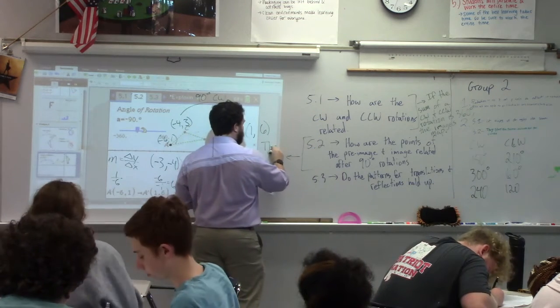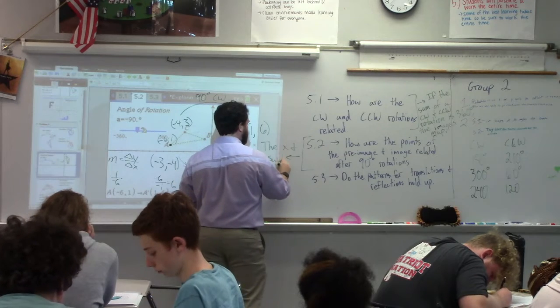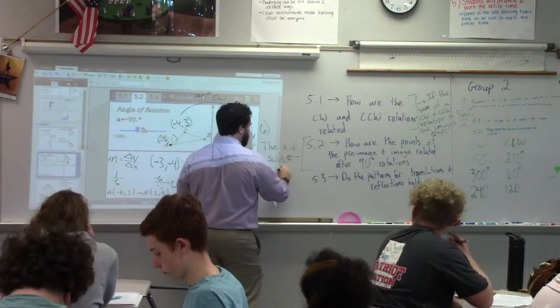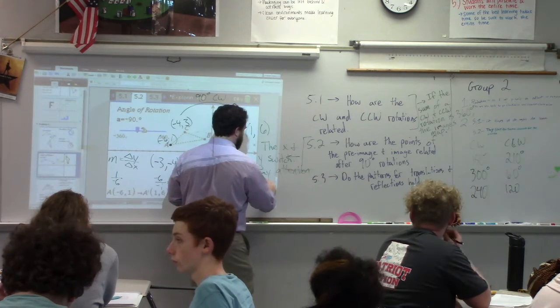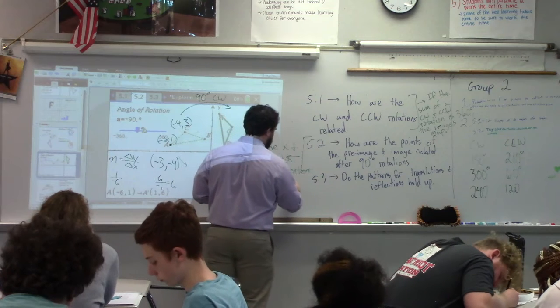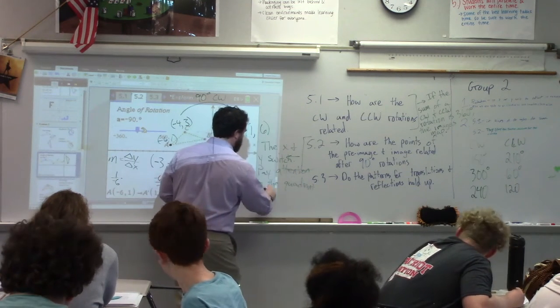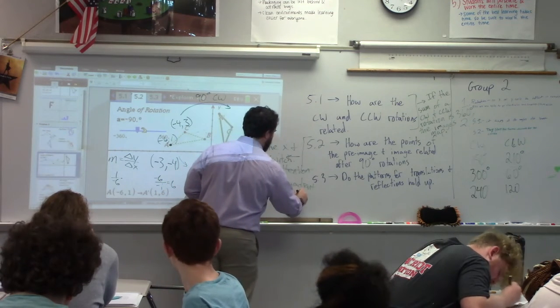The X and Y switch. Pay attention to the quadrant to determine if values are positive or negative.